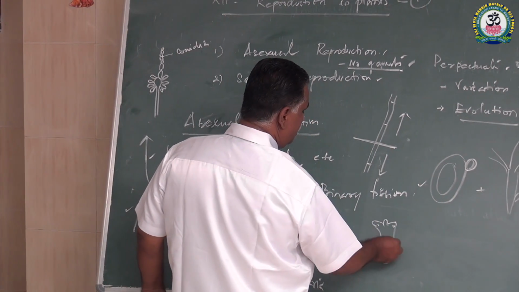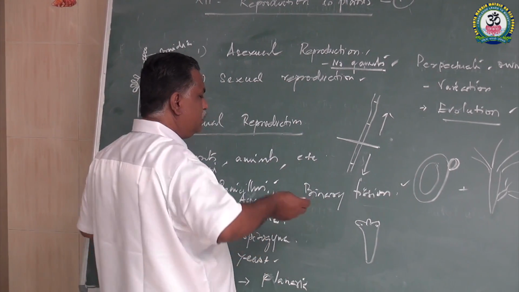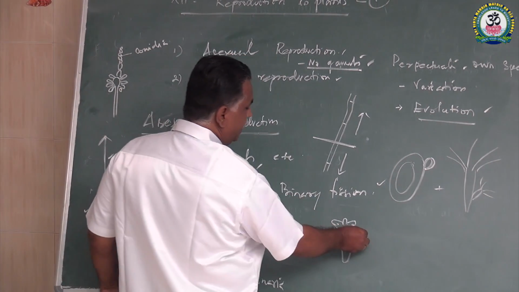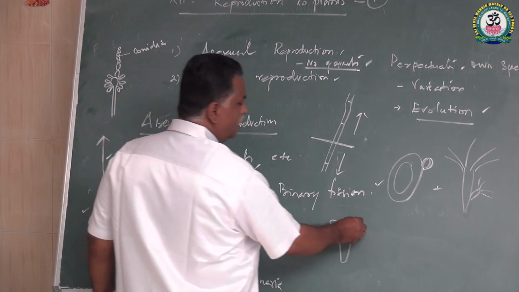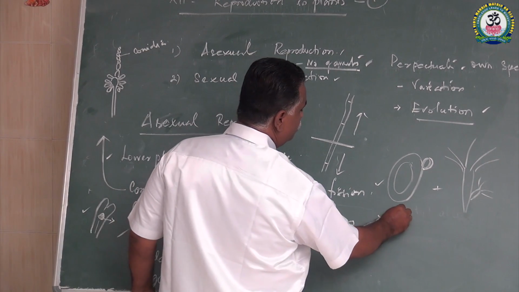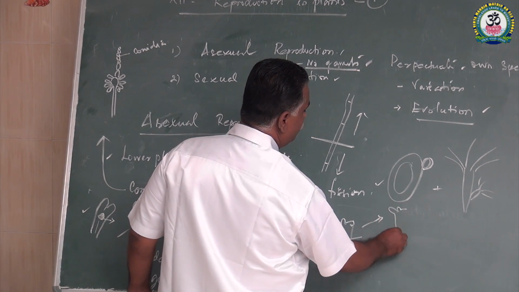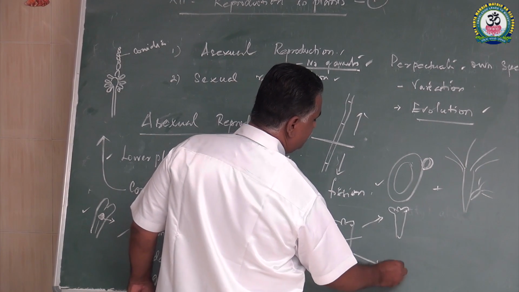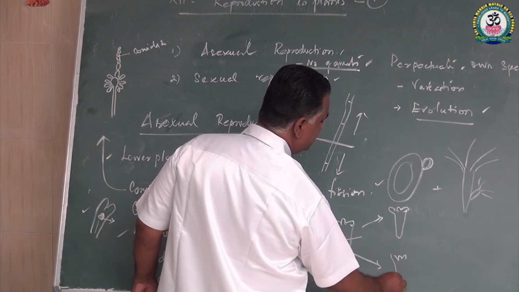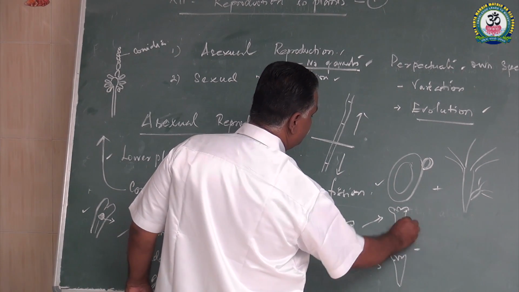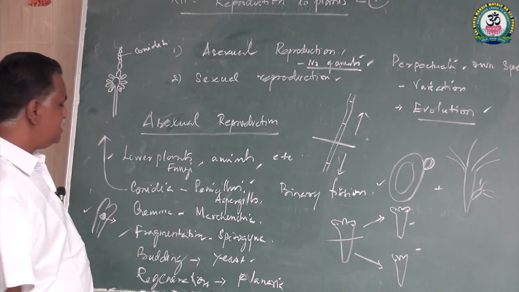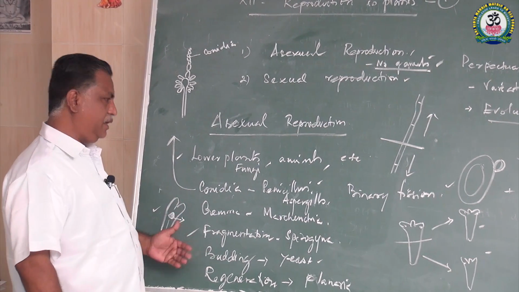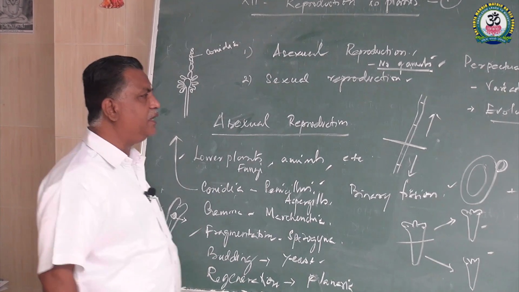If by accident or by the application of mechanical force, the Planaria is cut into two segments, the upper segment will regenerate the lower segment, and the lower segment will regenerate the upper segment, and two Planaria will be produced. This is regenerating, producing the lost part again. This is called regeneration. This is found in Planaria.